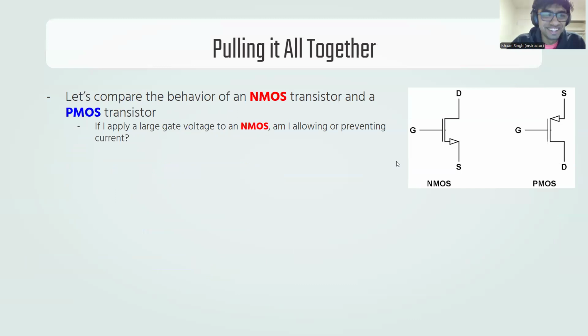Okay, let's compare the behavior of an NMOS transistor and a PMOS transistor. If I apply a large gate voltage to the NMOS, do I allow or do I prevent current? Someone answer me just quickly. If I apply a large gate voltage, am I allowing or preventing current? Allow, exactly. We're opening the gate. Okay.